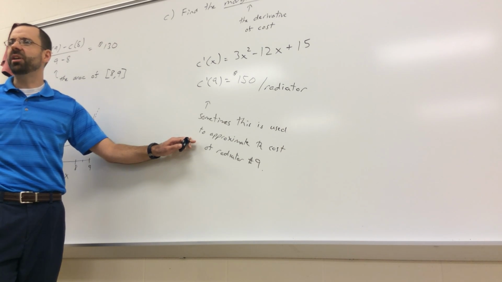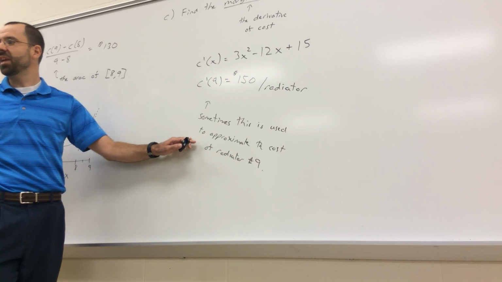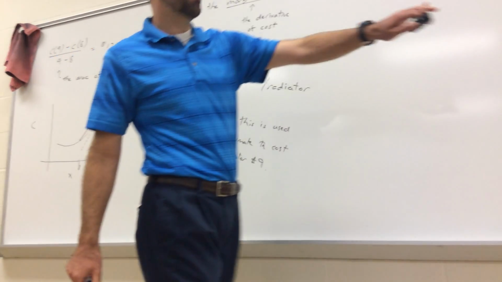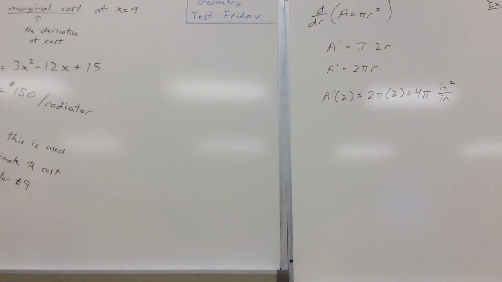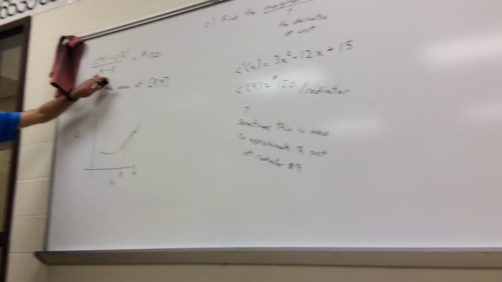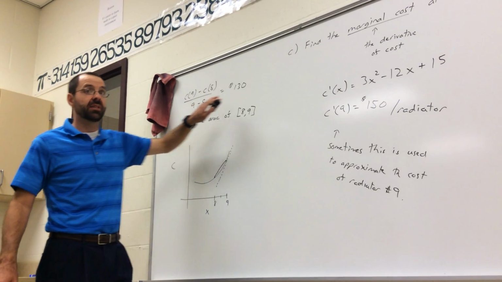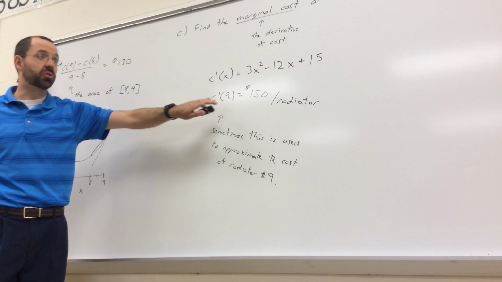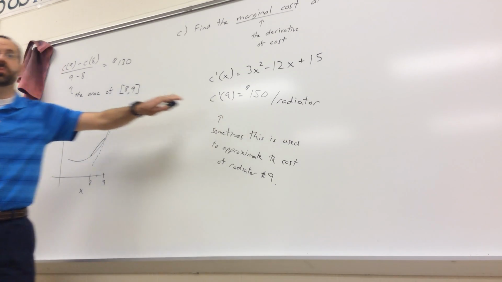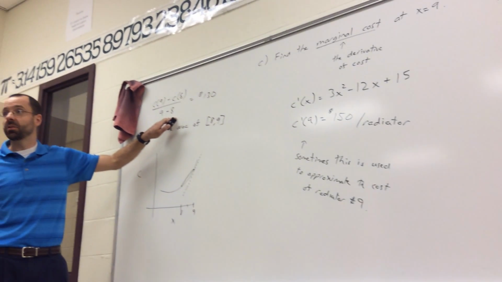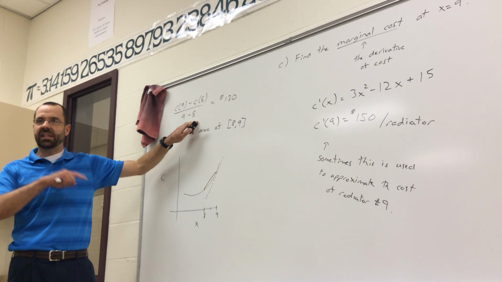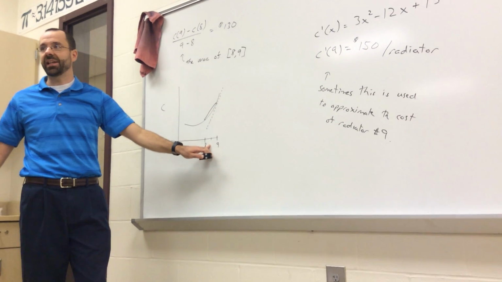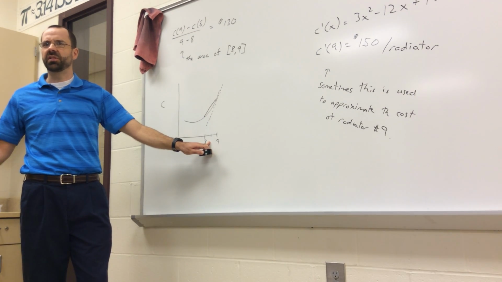And that's kind of strange, because up until now, we've been using the average rate of change to approximate the derivative, right? But now this is backwards. Now the derivative is approximating the average rate of change. And the reason it's that way in this problem is it doesn't make sense to connect. You can't make 8.5 radiators. So it's a different kind of a context.